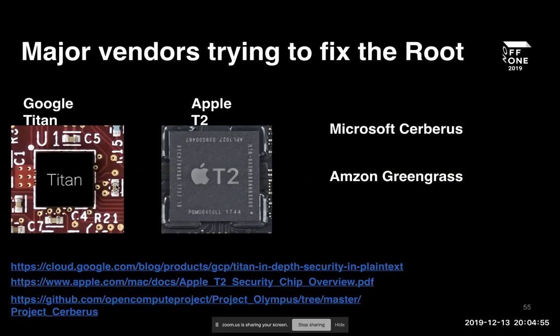What does that mean? In most cases, there is no memory isolation on this chip. Basically, any code execution on the chip can allow you to develop some egg hunter to dump multiple secrets and things which are stored inside the chip. Think about that. It's maybe not the case for Google and Titan, but in many cases it can apply to the chips which are used as a root of trust on platforms.